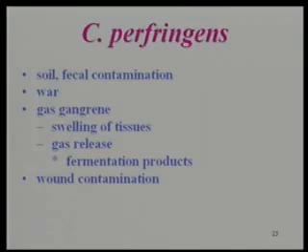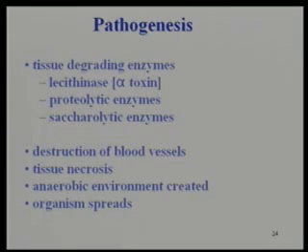Now let's talk about the toxins in this case. Tissue-degrading enzymes. Who knows which is the most important? They're all mentioned. Lecithinase is the particular one, I suppose, that's emphasized, the alpha toxin. But there are also proteolytic enzymes and saccharolytic enzymes. You need to know about all of these. And these are important because the tissue is destroyed.